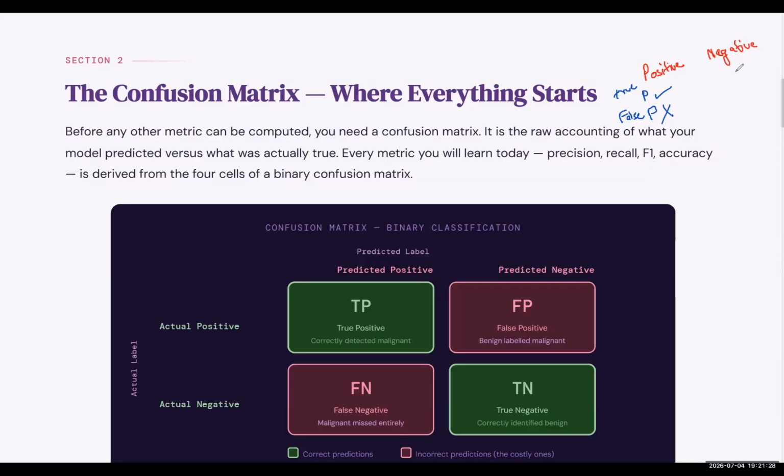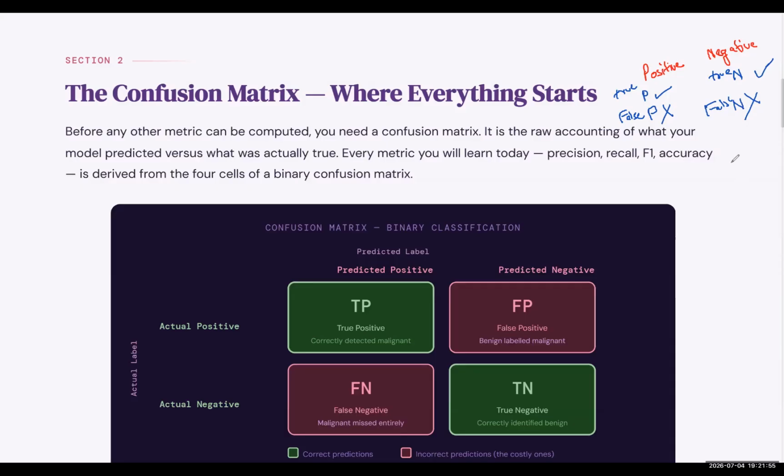Then secondly, there would be some images which are actually negative for malignancy. They may not be cancerous. Okay. And the model is predicting that they are negative, which is what they are in reality. So it is a true negative. Similarly, if it is actually positive and your model is not predicting it as positive, it is predicting it as negative, that is a false negative, right?